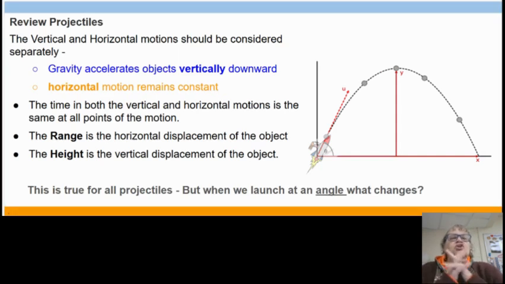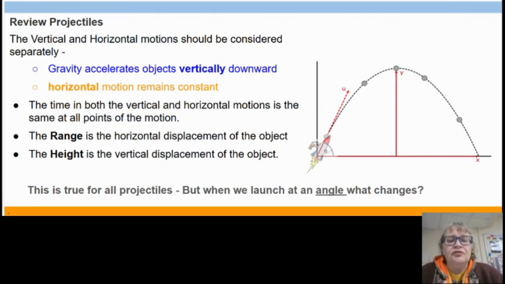Okay, so just to review from the last lesson, the vertical and horizontal motion should be considered separately. Gravity accelerates objects vertically downward, and the horizontal motion remains constant. That means it has a constant velocity.